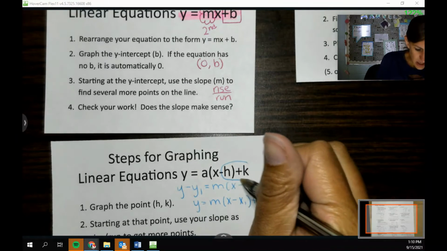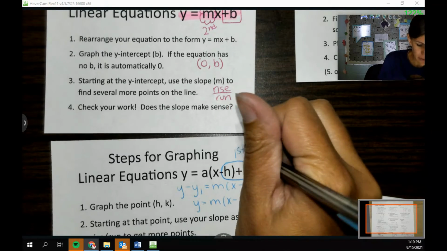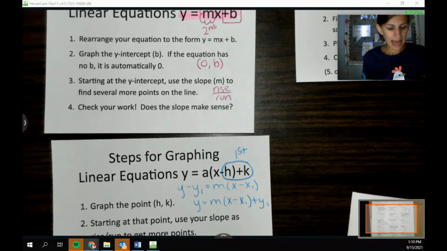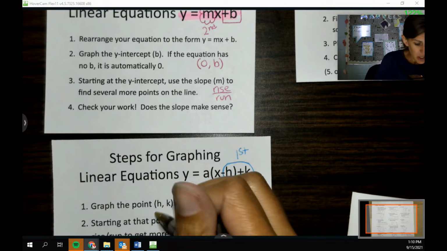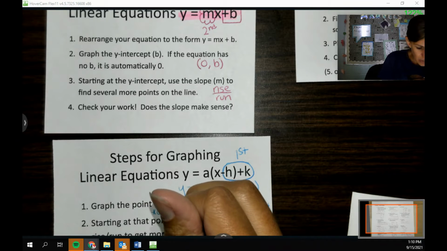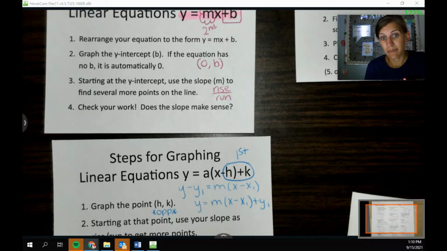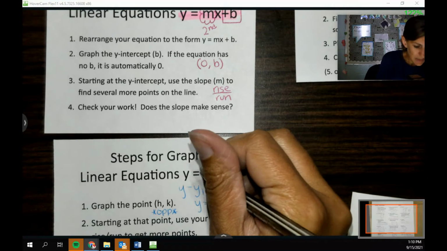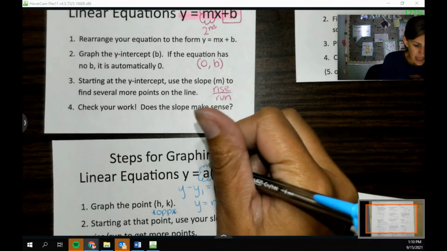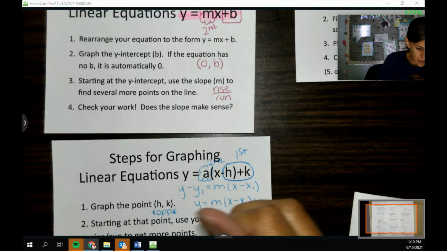And so these pair of numbers right here, this is what I'm going to graph first as a point on the line, okay? It's important to note that h, the number inside the parentheses, will always come out oppositely, and that's because of that negative sign in front of it. Then, just like the last one, the number being multiplied, the number out front, is your slope, and so you'll do that second as rise over run.